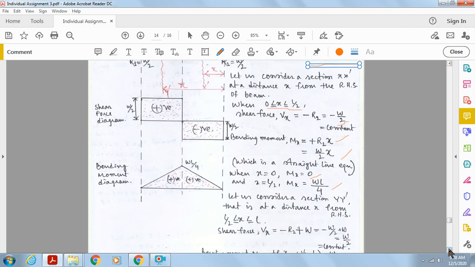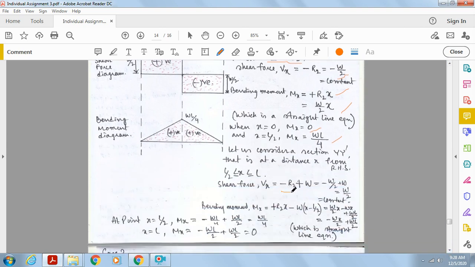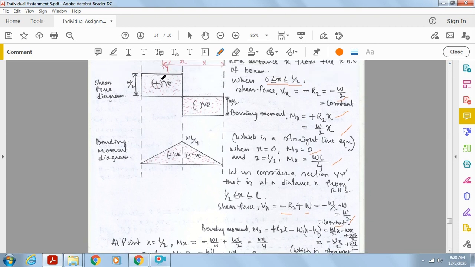So it will be minus R2 plus W. R2 value is W by 2, so minus W by 2 plus W, it is coming W by 2. So the shear force value is W by 2, it is constant, and it follows a straight line, just a constant line.